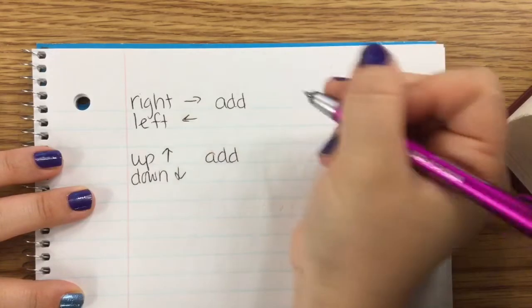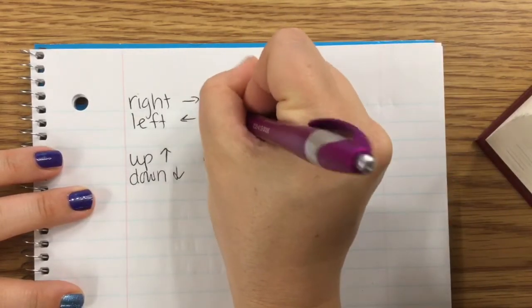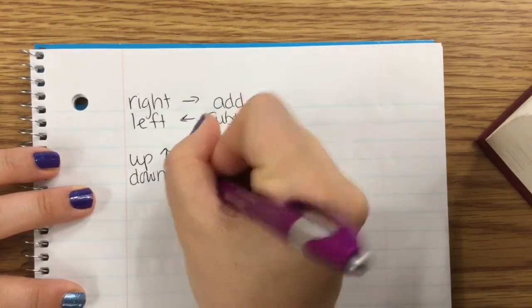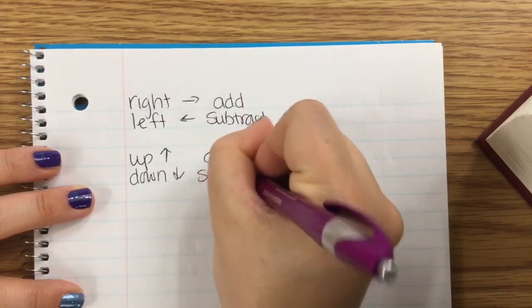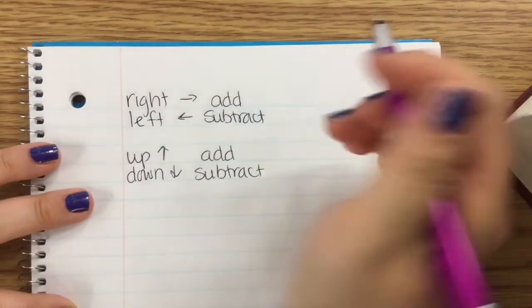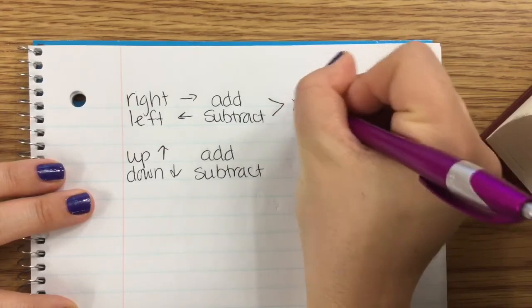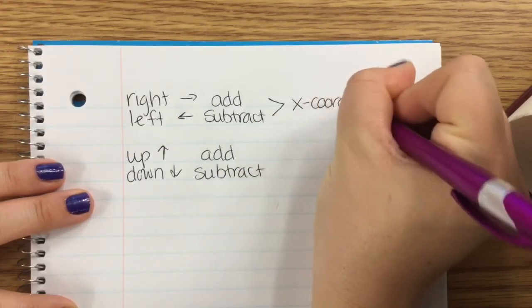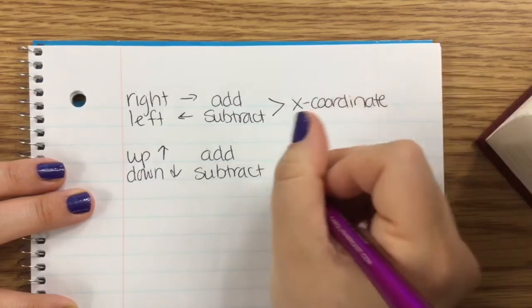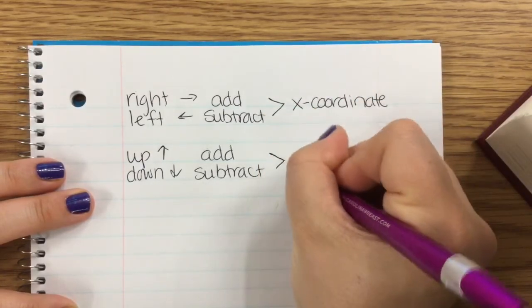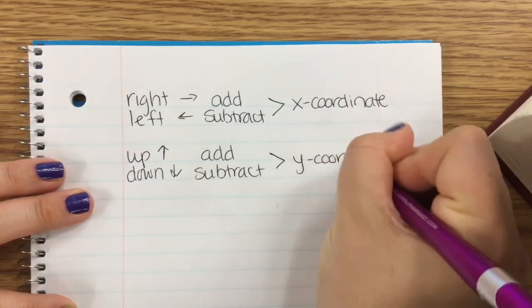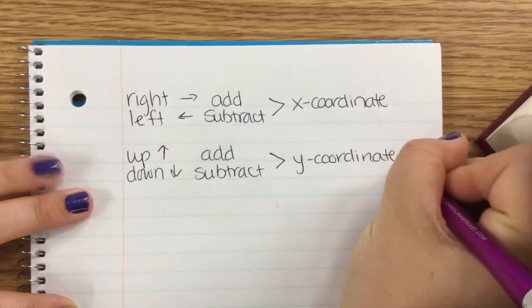And the left was a negative motion, so you'd be subtracting, same with down. Okay, but you have to be conscientious of which coordinate this goes with, remembering that this is going to go with your x coordinate because that is along the x-axis, the horizontal axis. And these are going to go with your y coordinate because it's along your y-axis, the vertical axis.